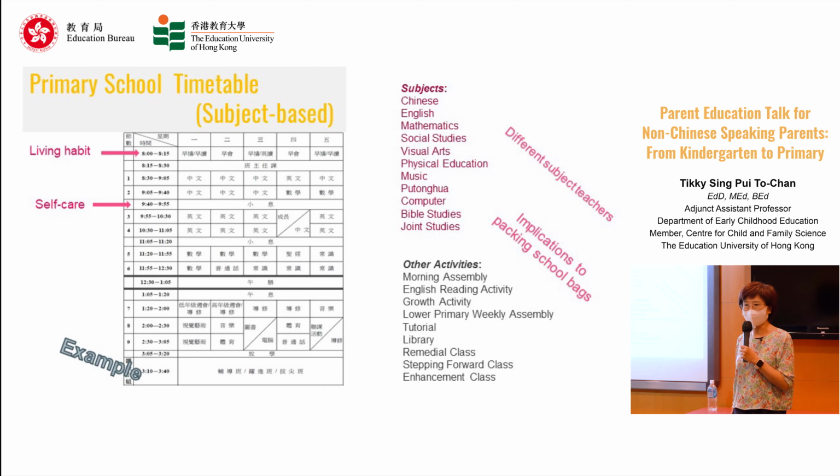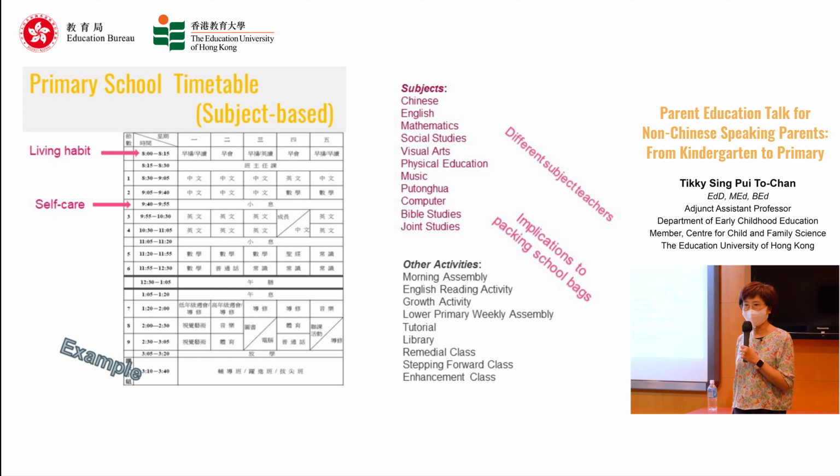Kindergarten begins at 9, and some of your children might go to the PM session. So now they are going to study in the morning. It's a huge difference. But even for those in AM kindergarten, it is an hour earlier.